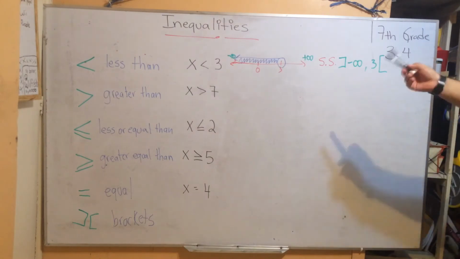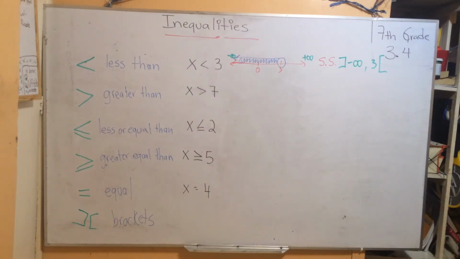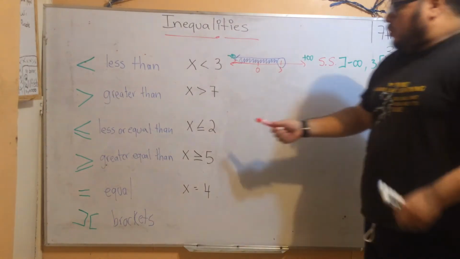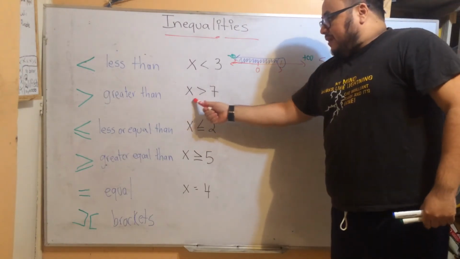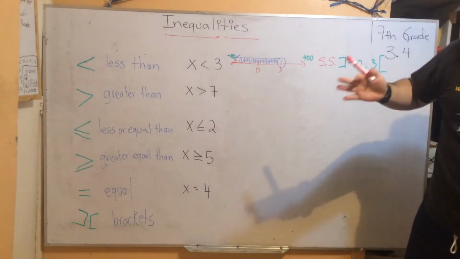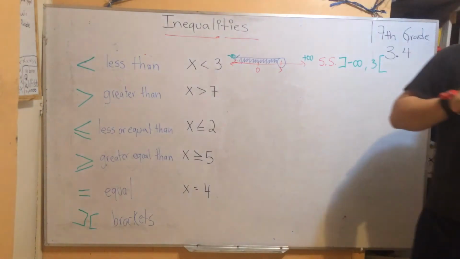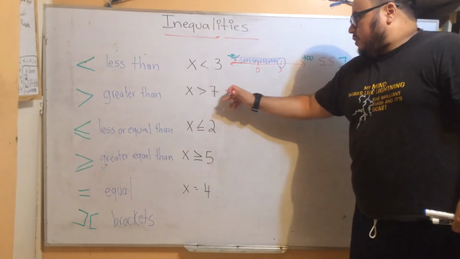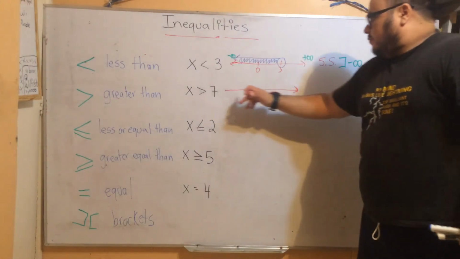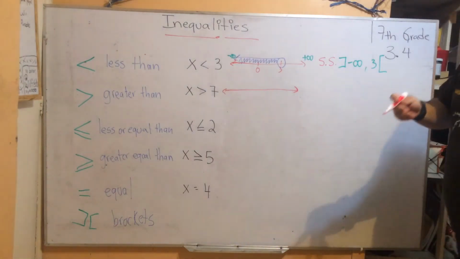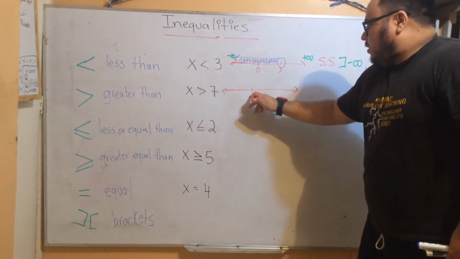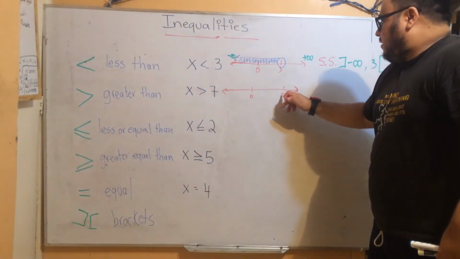Now, let's talk about x greater than 7. Same thing. We're looking for the values that make this inequality true. So any number that is greater than 7 is going to be included. So we have a number line. Let's say that here we have 0, and here we have 7.